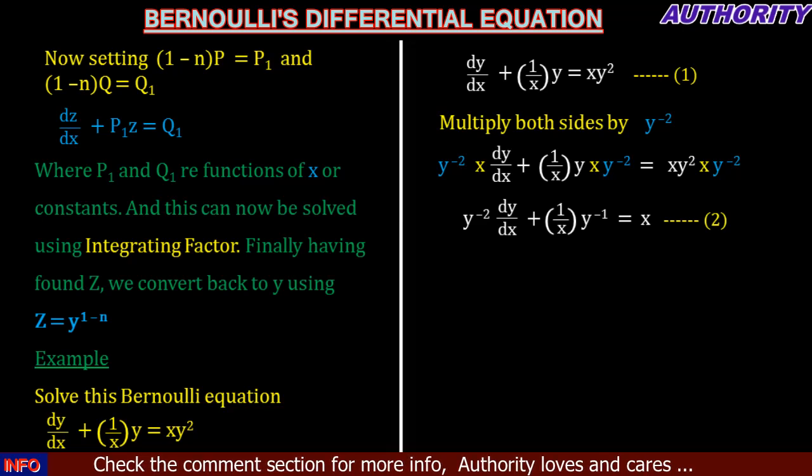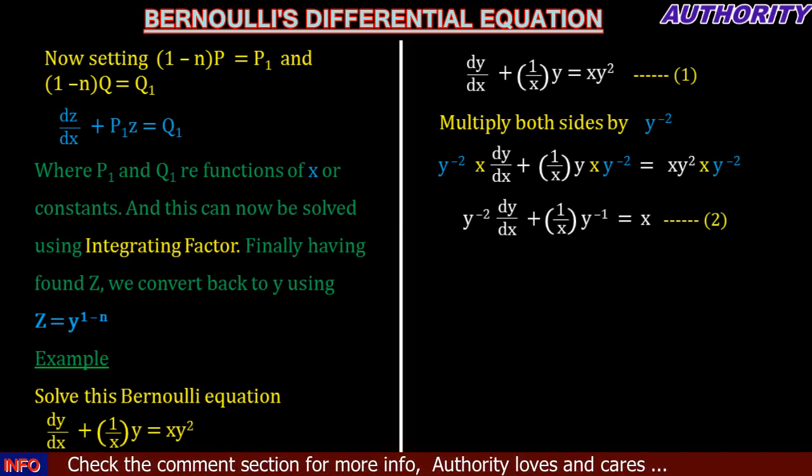In this place, y times y raised to power minus 2 is the same thing as saying y raised to power 1 minus 2, which is minus 1. So that's why we have 1 all over x in bracket y raised to power minus 1. And then on the right hand side, we only have x remaining.